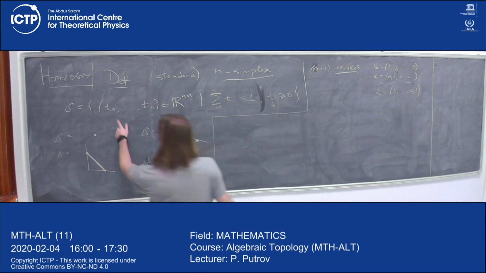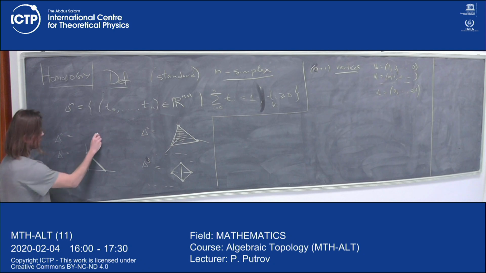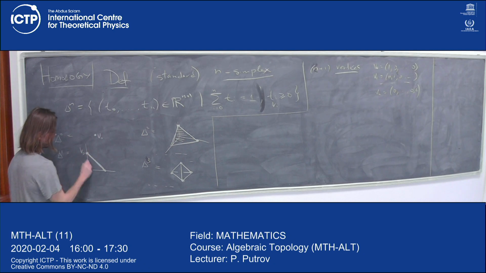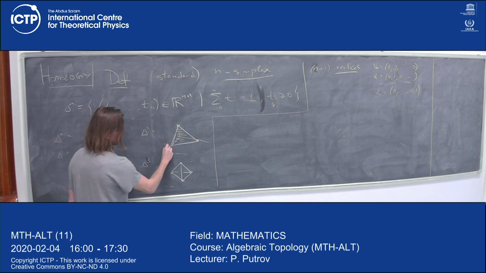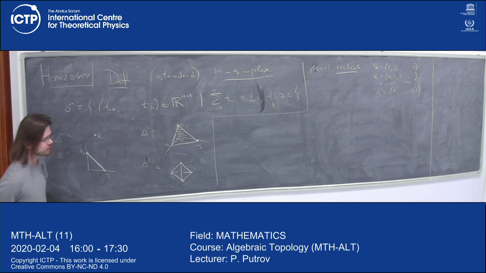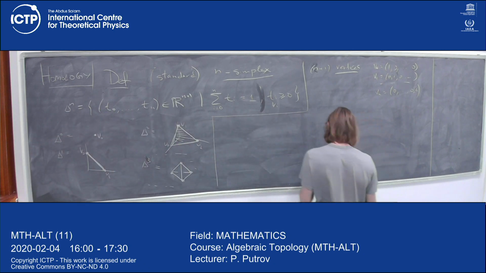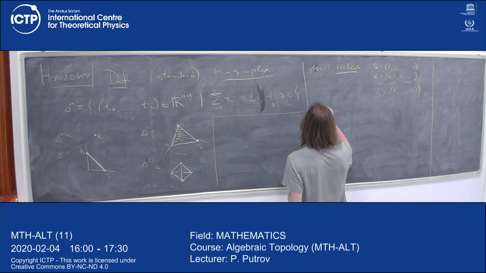Configurations of points where only one of them is 1 and all others are 0. So this, for example, is just V0. Here we have V0, V1, V2.